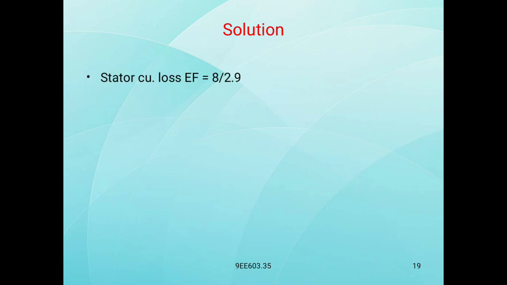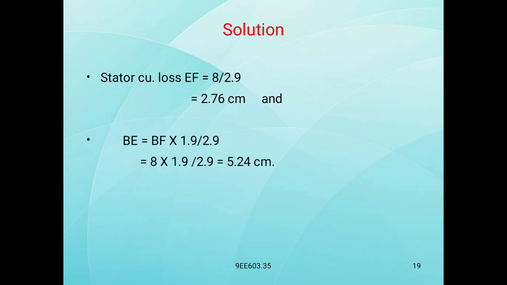That is stator copper losses 8 by 2.9, that is 2.76 centimeters, and BE is equal to BF into 1.9 by 2.9, that is 8 into 1.9 by 2.9, that is 5.24 centimeters. Hence BE is equal to 5.24 centimeters and EF is equal to 2.76 centimeters.